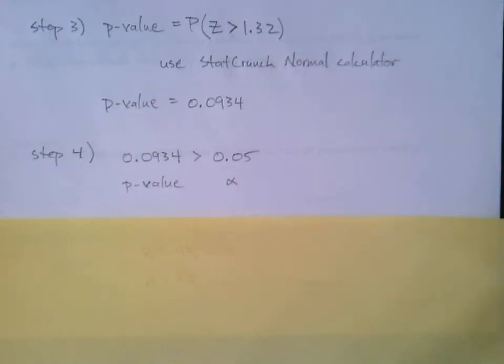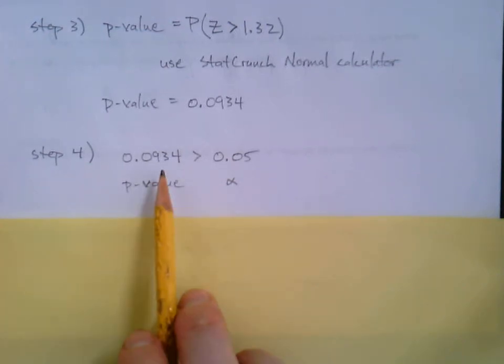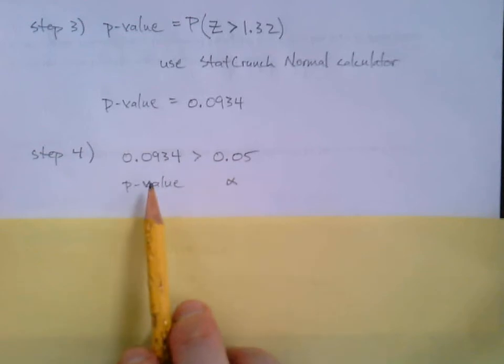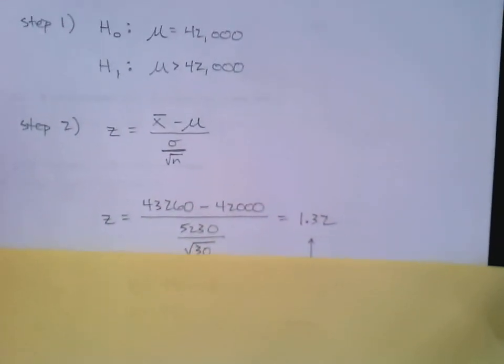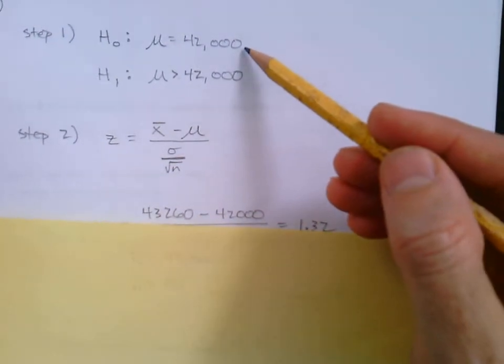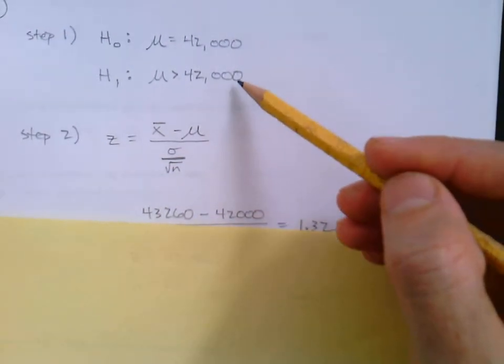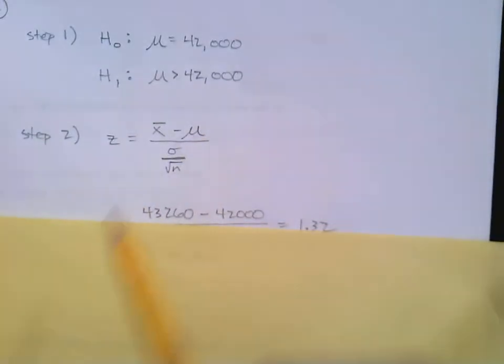So again, it would be nice if we were all in class together and I could say, hey, you guys, if the p-value turns out to be the bigger, should we reject the null hypothesis, meaning rejecting the null hypothesis would mean saying, no, they don't really make 42,000. They must make more than 42,000.